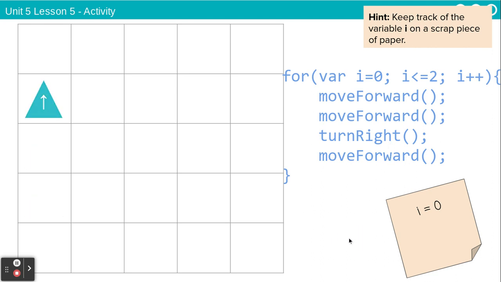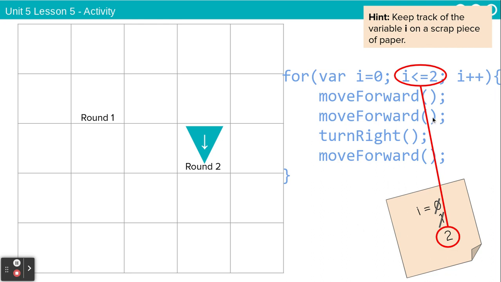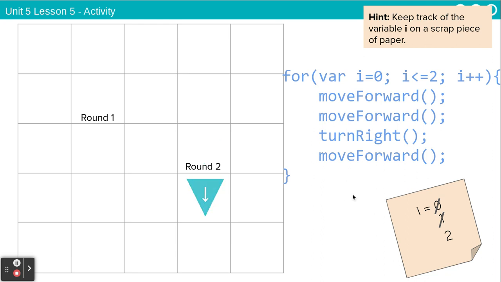Forward, forward, turn right, forward. And 1 is less than or equal to 2, so we're going to do it again. And 2 is equal to itself, so it still meets that condition. It's still true, so we're going to run it again. And now we're on to round 3. 3 is not less than or equal to 2, so we're exiting the loop.